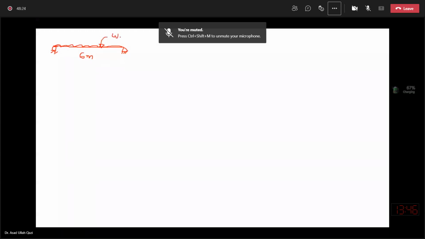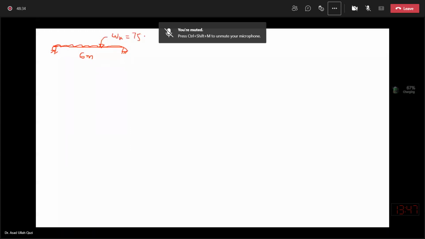So the problem is like, I assign you, please design a beam which is simply supported, and it is of span 6 meter. I am just asking you a simple question, that the beam is single span, simply supported, and it is subjected to a uniformly distributed load of 75 kilonewton per meter.